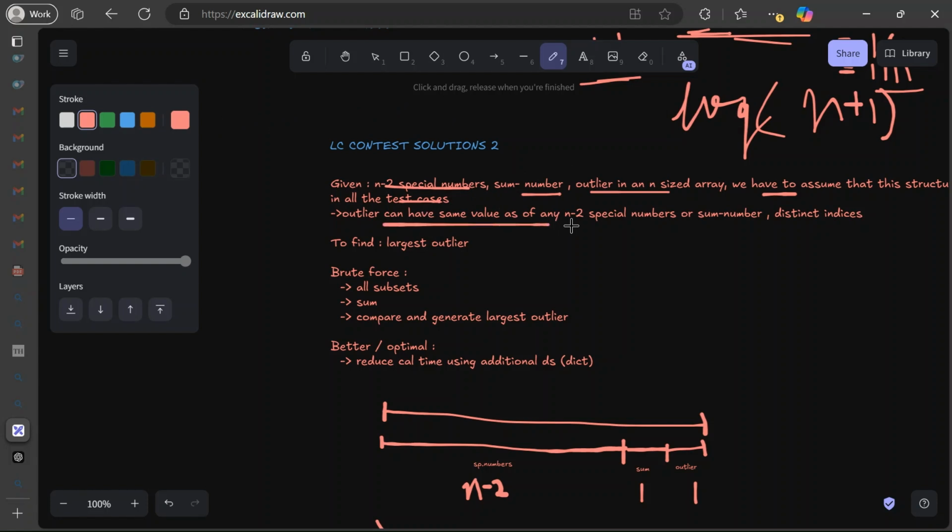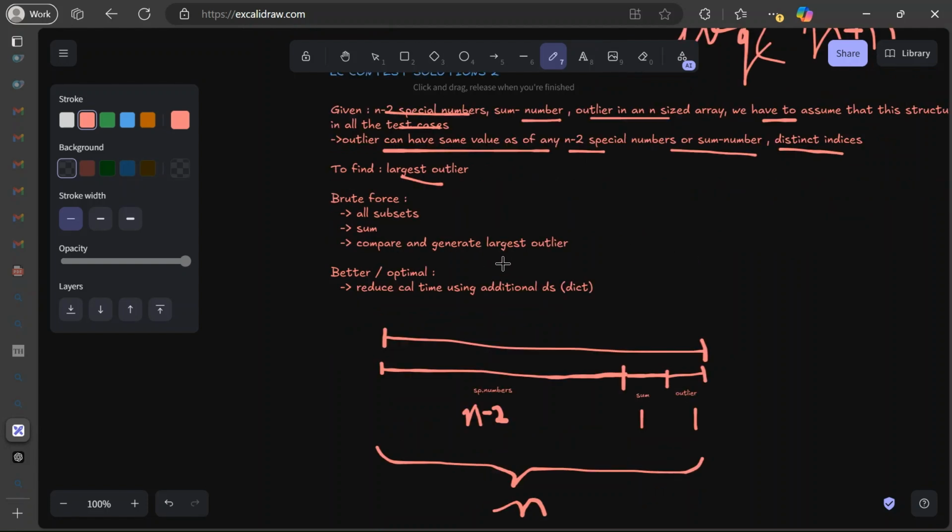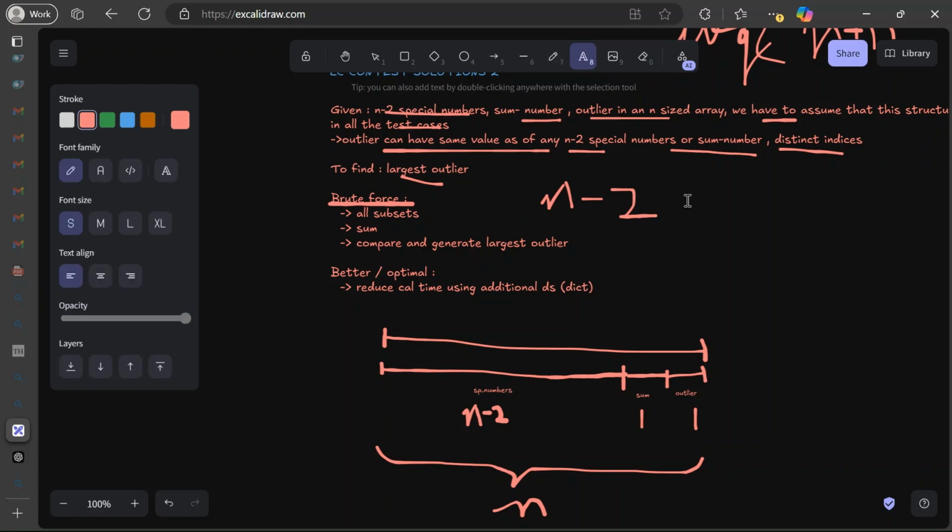The outlier can have the same value as one of the n minus 2 special numbers or the sum number, but at a distinct index. We have to find the largest outlier. So one brute force approach we could think of is creating all subsets of size n minus 2 using loops.